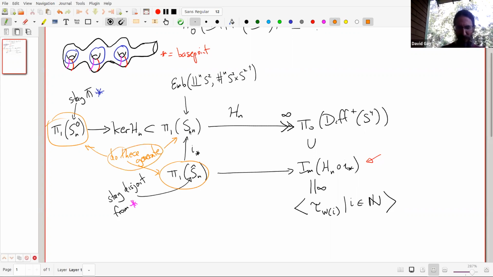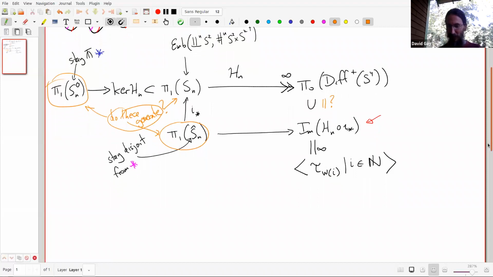In other words, can every loop in S_n be expressed as a concatenation of loops, first that stay transverse to the red, and then that stay disjoint from the pink, and back and forth? I'm sort of agnostic on that, but if that was true, then that would tell you that this was an equality here. And then I would have an explicit set of generators for the whole mapping class group.